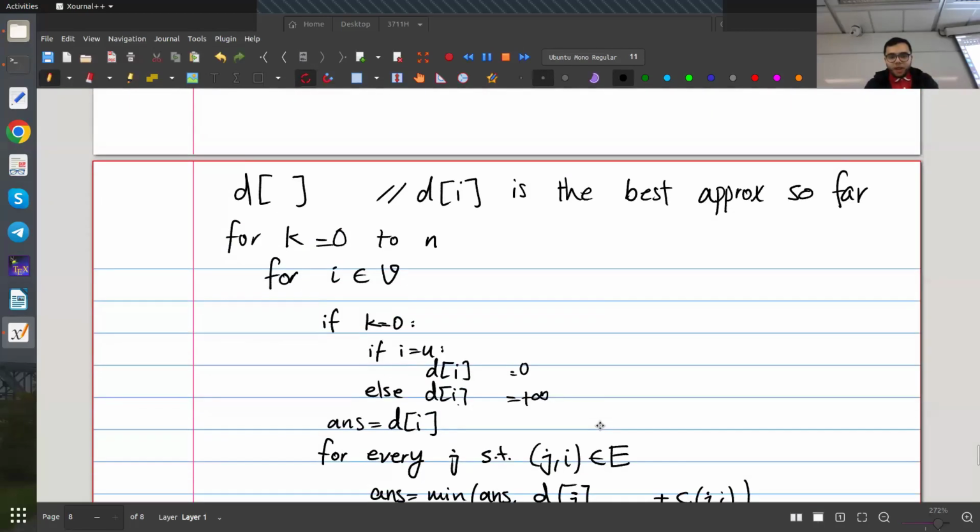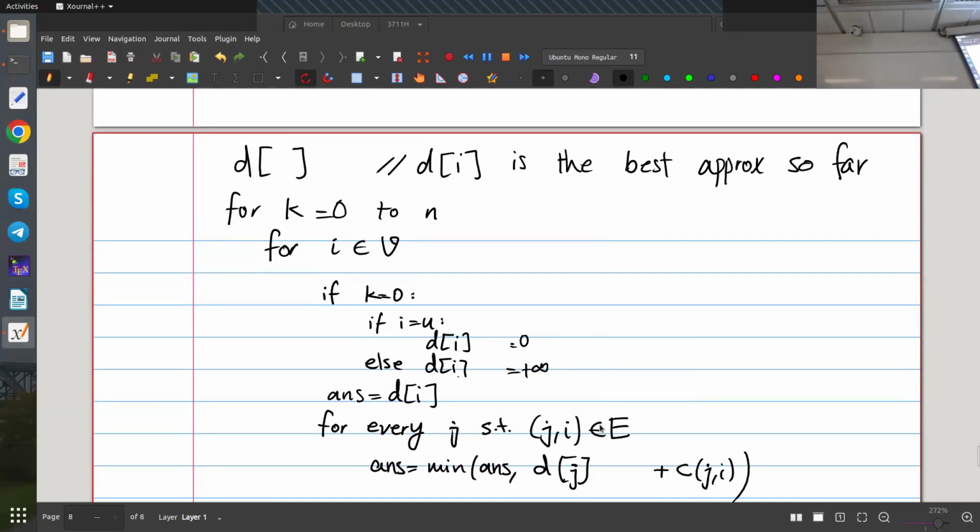So the answer that I'm outputting in this algorithm for every vertex is going to be less than or equal to the answer that I was outputting in the previous algorithm. Okay, great. But I know my previous algorithm was correct. So my previous algorithm was outputting the correct distance. So all I'm saying is that this algorithm is under approximating the distances. The output of this algorithm is less than or equal to the actual distances. Now, I want to prove that the opposite also holds. The output of this algorithm is greater than or equal to the actual distances. And if I prove that, then I've proven that they're the same and the algorithm is correct.